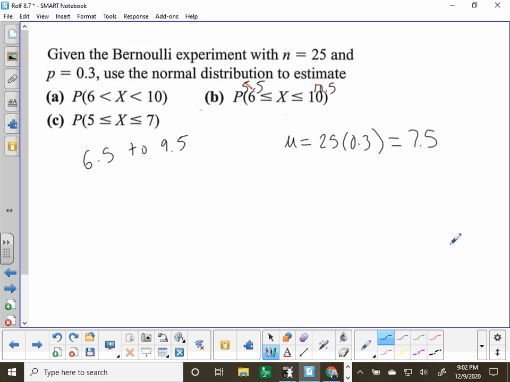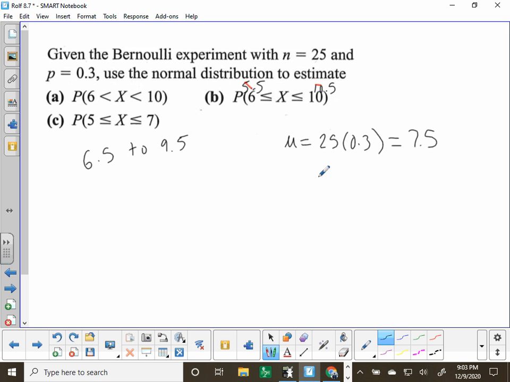So my expected value is 7.5, which is in the middle of the two things, isn't it? So I have to go from 7.5 down to 6.5, that's going to be a negative answer, and then 7.5 up to 9.5, and then those two answers get added together.